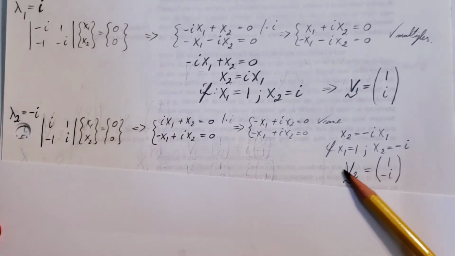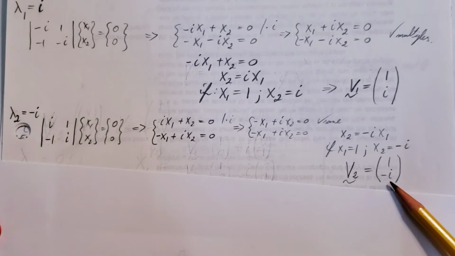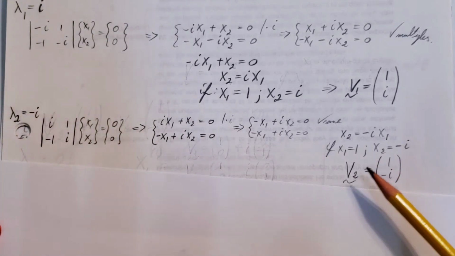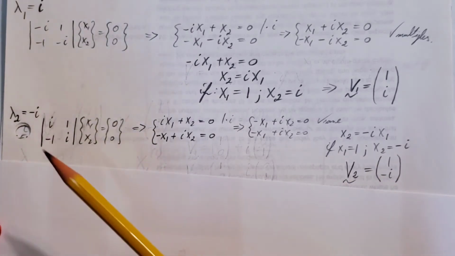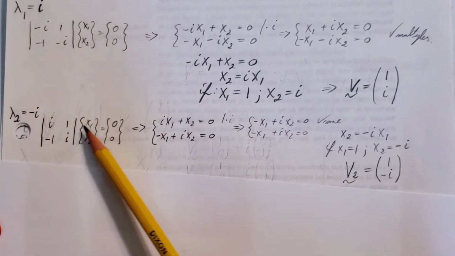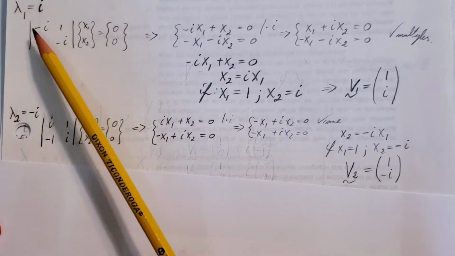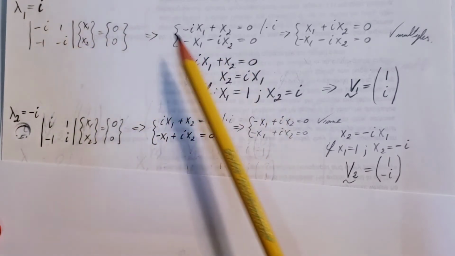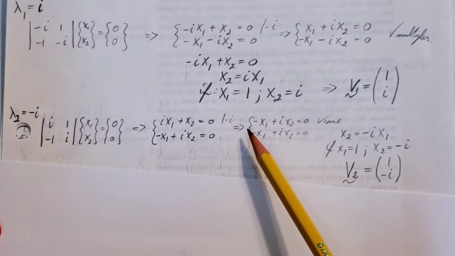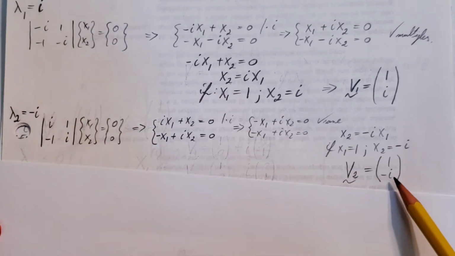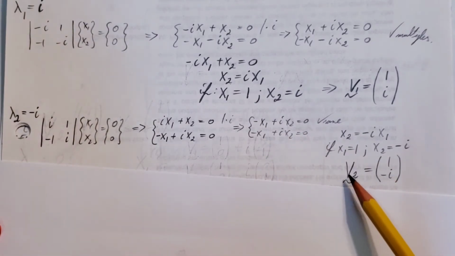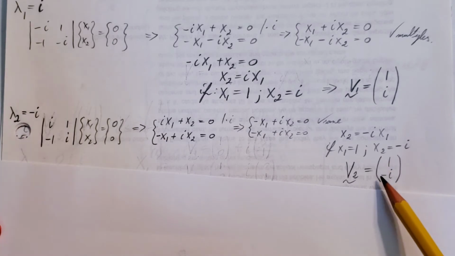And this is our second eigenvector. If you can't remember that you can take this shortcut, simply solve the same process again, just like we did for the first eigenvalue and eigenvector. There it is. Do it again and it'll simply lead you to it. Okay, so my second eigenvector, 1, negative i.